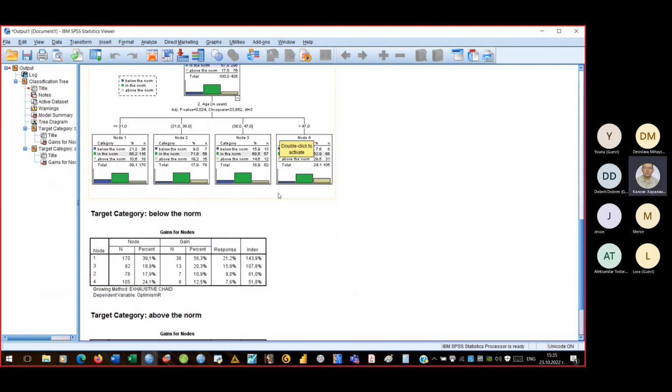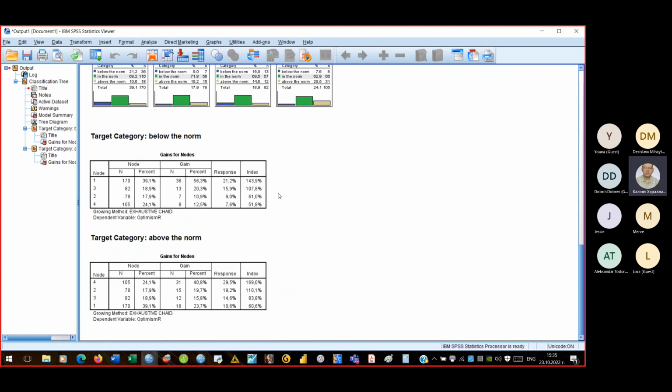So after that, we have 2 tables about the target categories. We targeted 2 categories, below the norm and above the norm, and we have 1 table for below the norm and 1 table for above the norm. And here we can see that this node number 1, here the percentage of persons below the norm is largest.